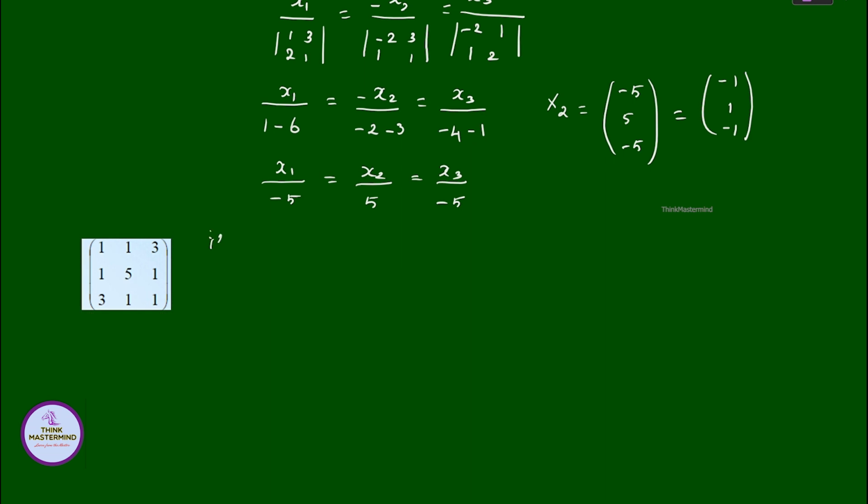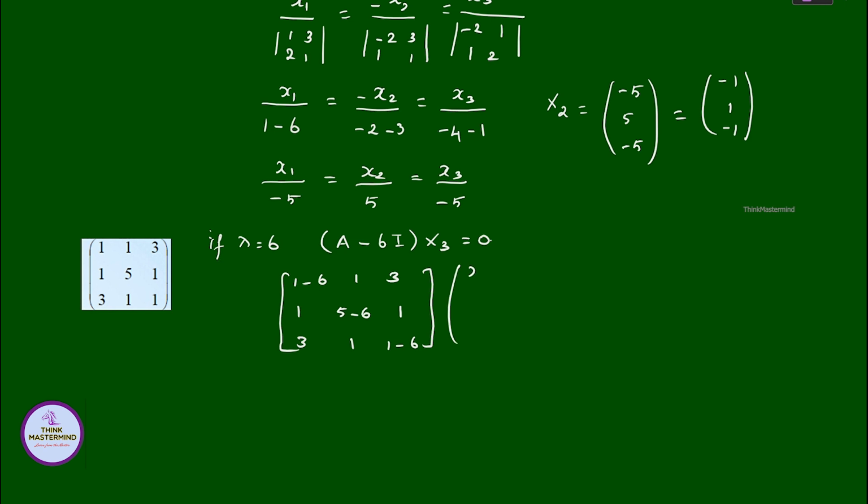Next case, if lambda is equal to 6, the corresponding eigenvector is x3, therefore (A minus 6I) into x3 is equal to 0, where x3 is a column vector. Therefore, the matrix becomes [1 minus 6, 1, 3; 1, 5 minus 6, 1; 3, 1, 1 minus 6] into x1, x2, x3 equal to 0.